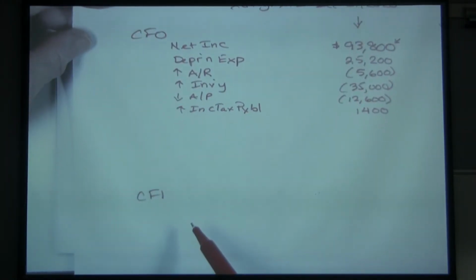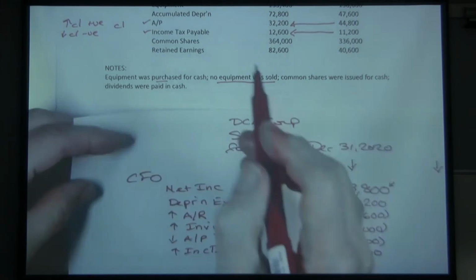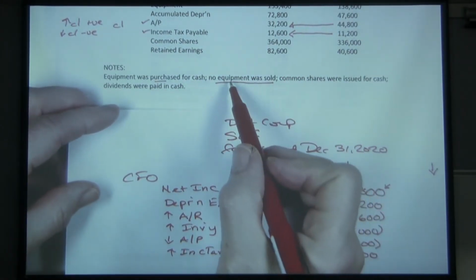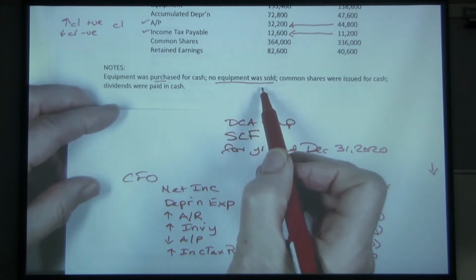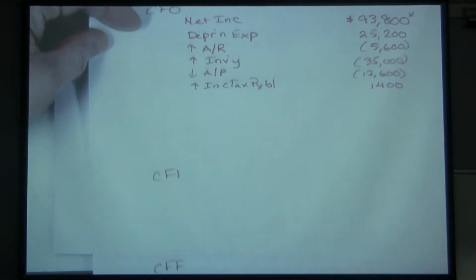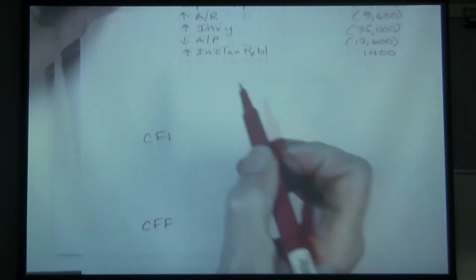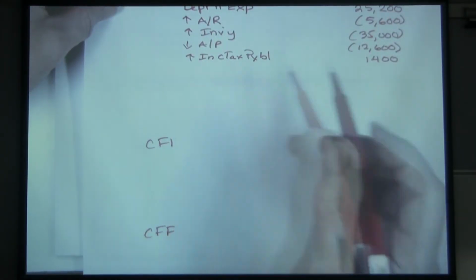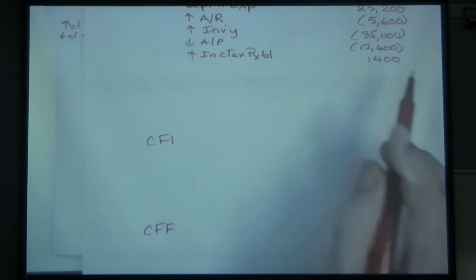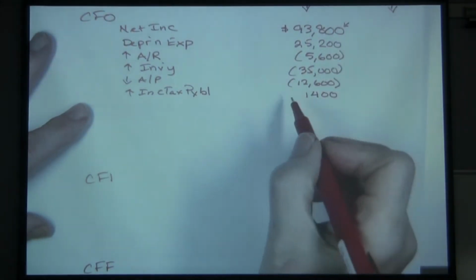So I'm going to say that once more. If we sold an asset, there was no sale in this example, but if we sold a PP&E asset for a gain, we would subtract the gain here. If we sold an asset for a loss, we would say loss, and we would add back the loss. Okay, but we are finished with our CFO section.